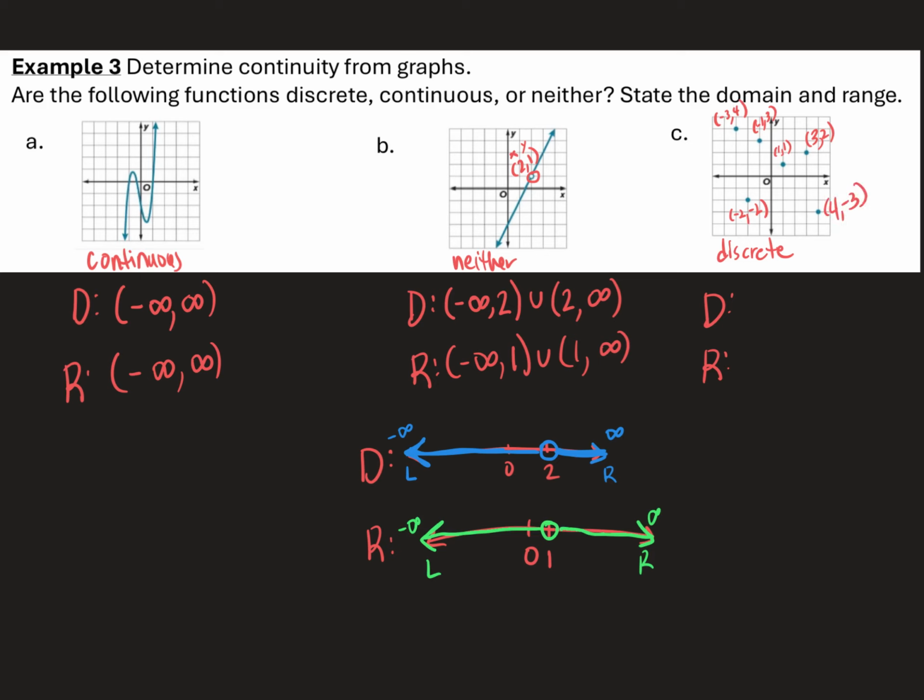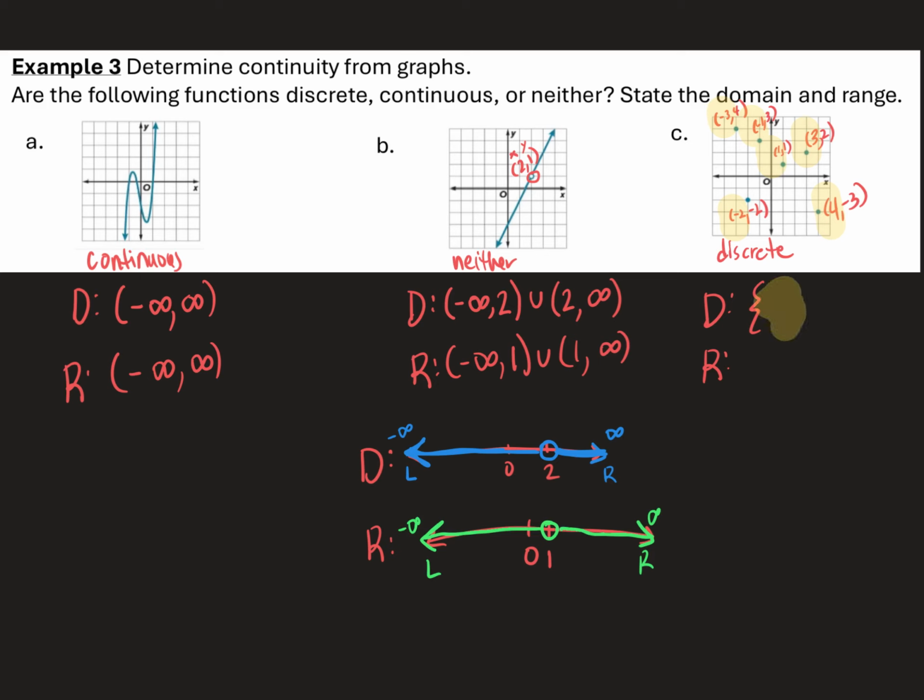So my domain is the set of x values. Let's highlight those x values. Those x values are -3, -2, -1, 1, 3, and 4. Those are the x values.